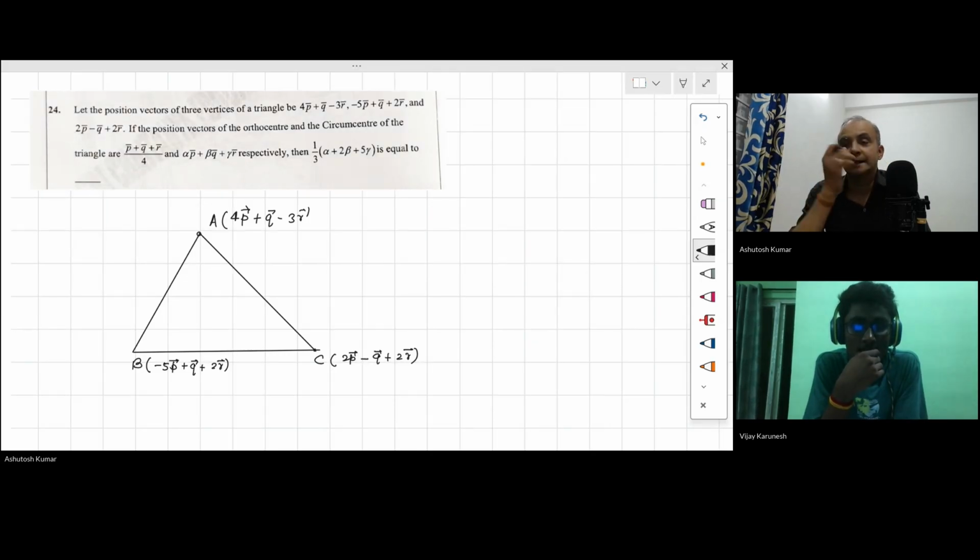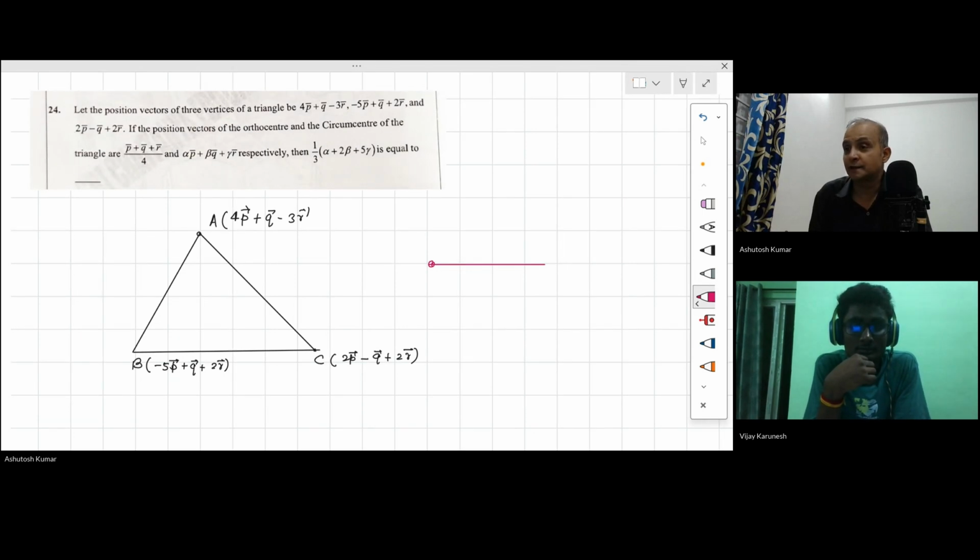So already we have been given the orthocenter. You know that the orthocenter, circumcenter, centroid, and incenter all lie on the same line. But for the orthocenter, circumcenter, and centroid, there is a relation between them.